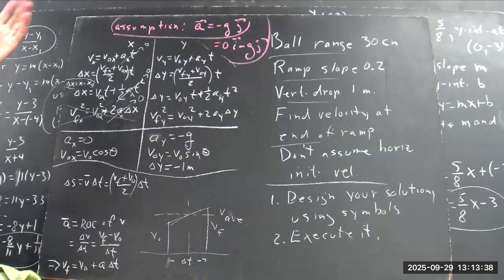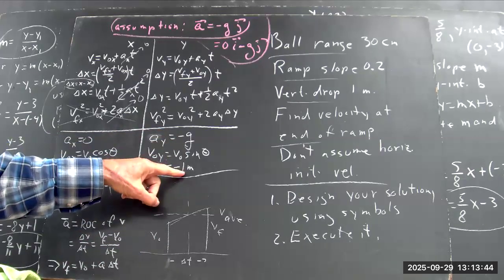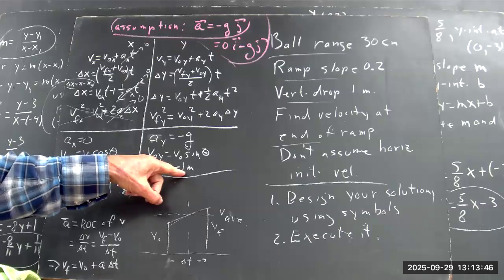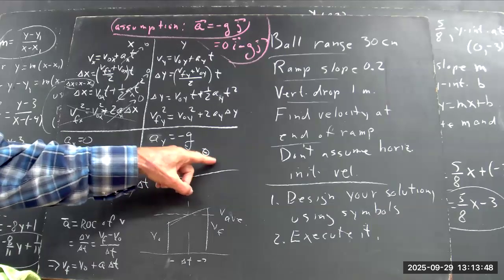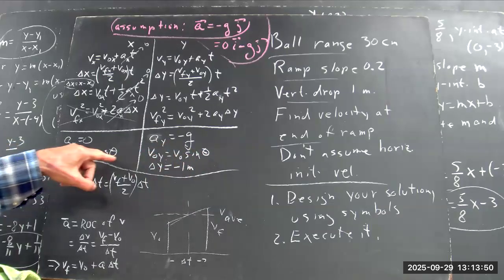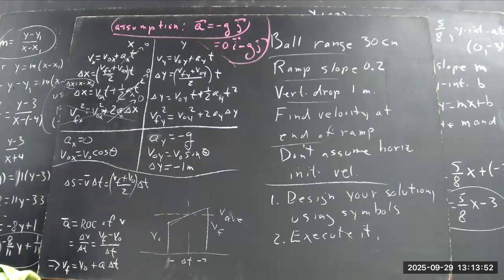So you just do these replacements. And the only numbers you really have are the number for G and the number for delta Y, and then a number for sine theta and a number for cosine theta. Okay. Then you try to figure out how to solve it.